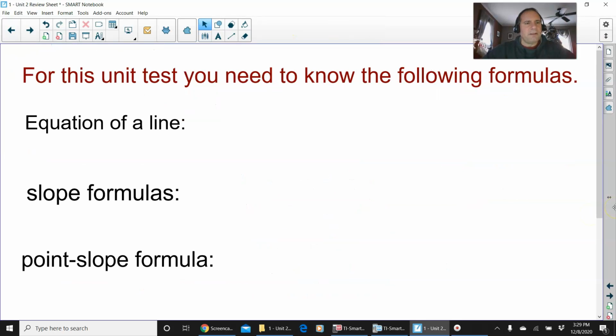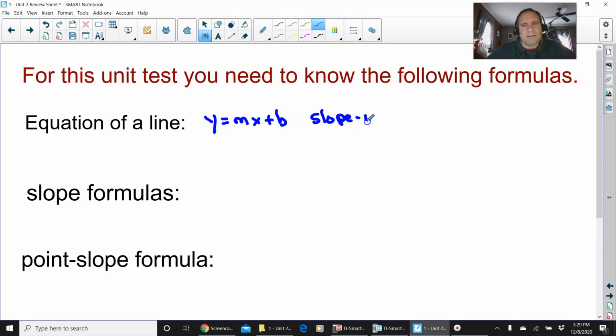So for this unit test, you need to know the following formulas. Equation of a line in slope-intercept form is y equals mx plus b. And that is slope-intercept form. Right? Because it has the slope in it. And remember, the m is the slope.